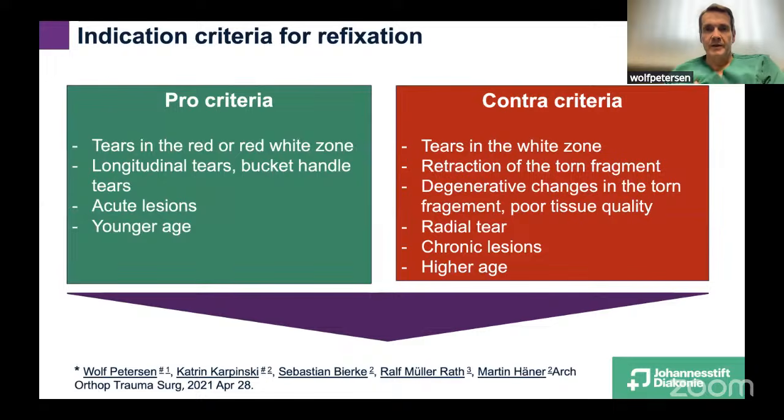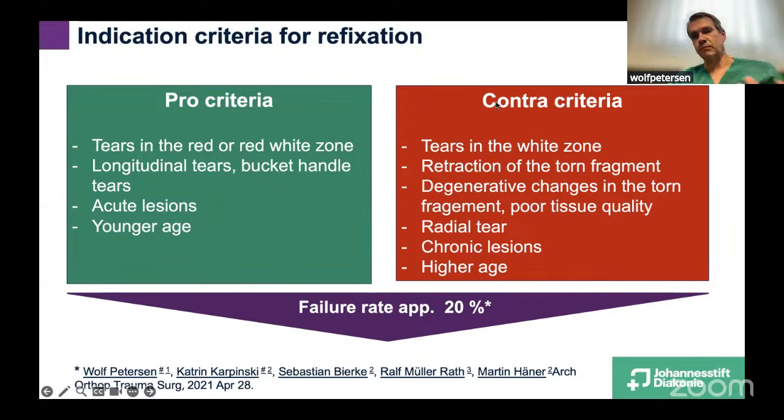When we talk about repair, we always have to consider so-called pro criteria and contra criteria. Pro criteria are, for example, tears in the red or red-white zone, longitudinal tears, as I have shown you, but also acute lesions or lesions in patients of younger age.